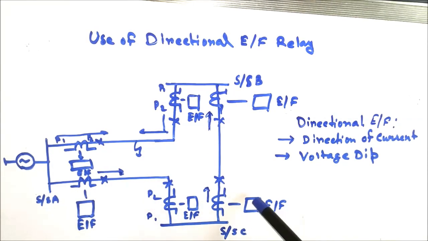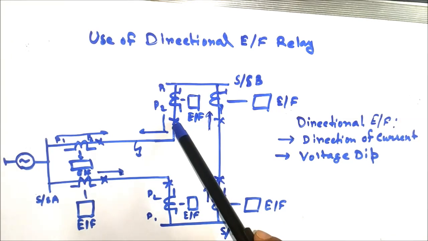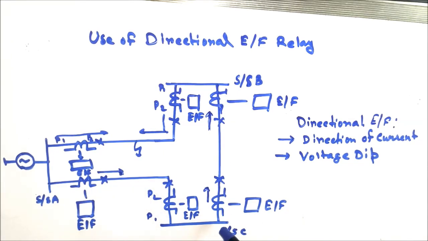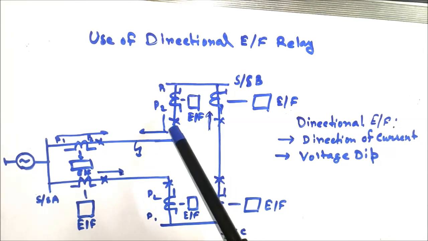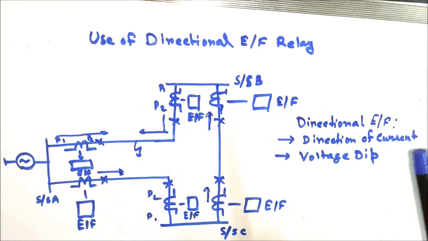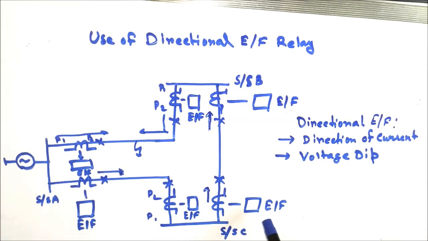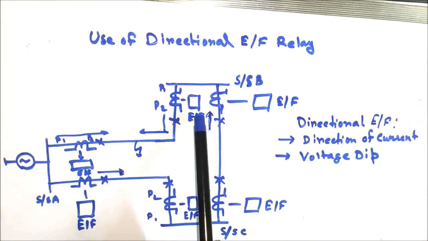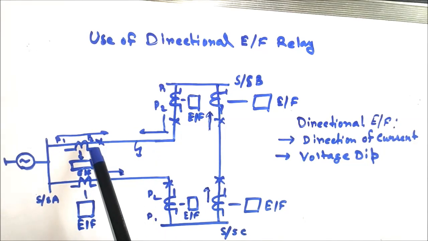But in case of this relay, as the fault point is far from this substation, the voltage dip will not be that much as compared to the voltage dip at substation A. So this relay will sense the direction of the current, but as the voltage dip is not that large, this relay will not trip. So due to the use of directional earth fault relays, only these two relays will clear the fault.